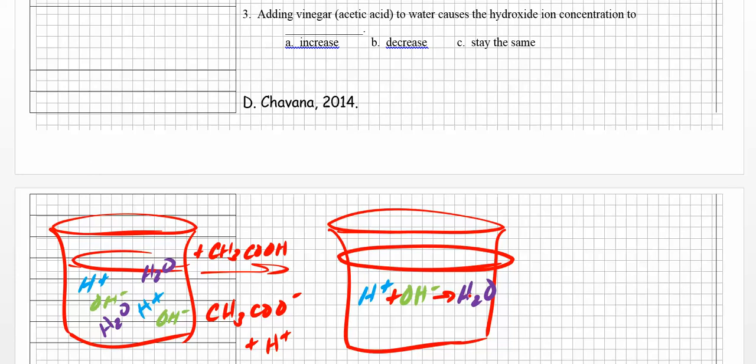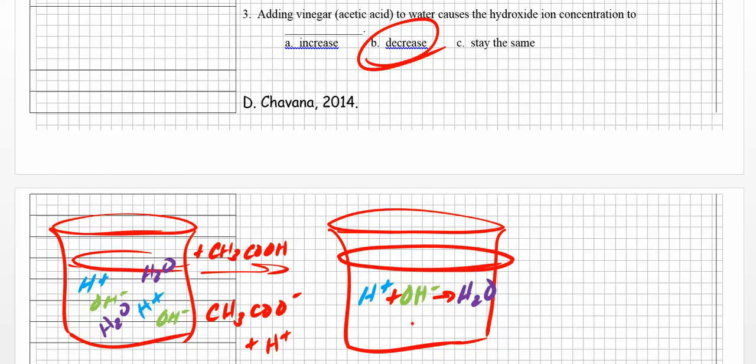Which is neutral. So to answer the question, what happens to the hydroxide ion concentration if I add acetic acid? It's going to decrease, is it not? It's going to go down because I'm adding hydrogen ions to this situation, right? I'm adding hydrogen ions through the acetic acid and therefore causing the pH to go down.